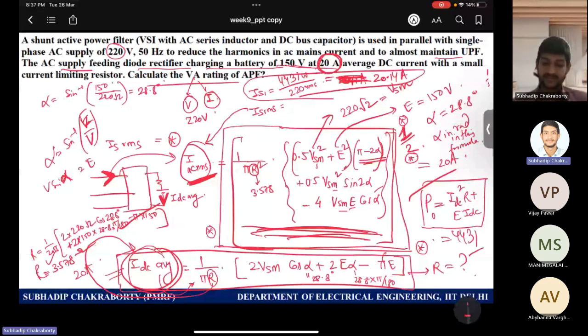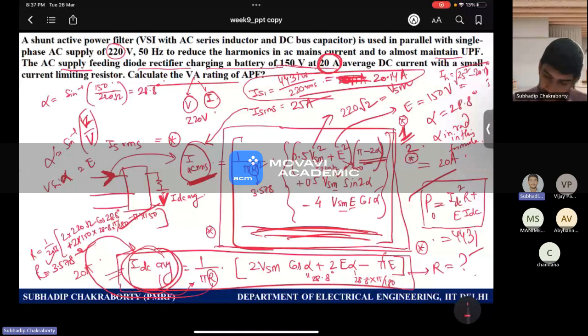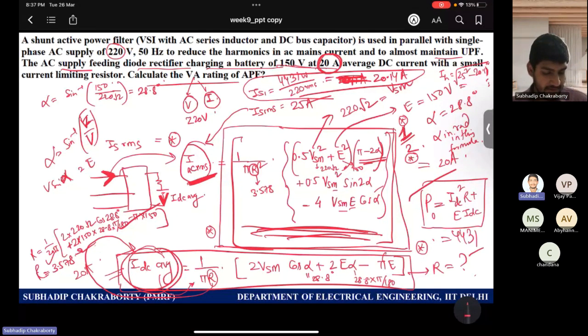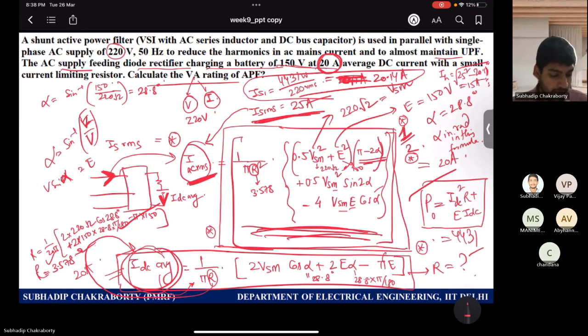So what is the harmonics current, RMS? It is 25 square minus 20.14 square, whole root over. So harmonic current, 25 square minus 20 square, what is coming? 15 amps. Just check whether you are getting 25 amps, okay?